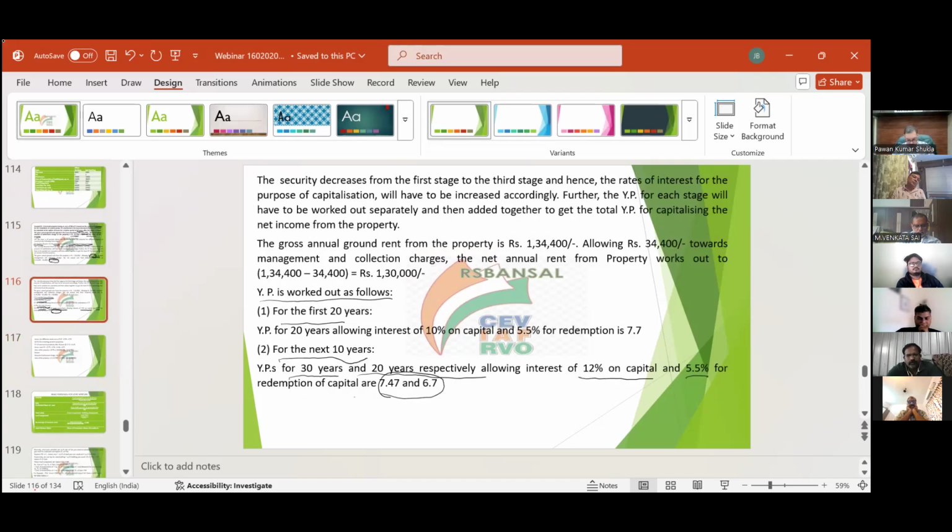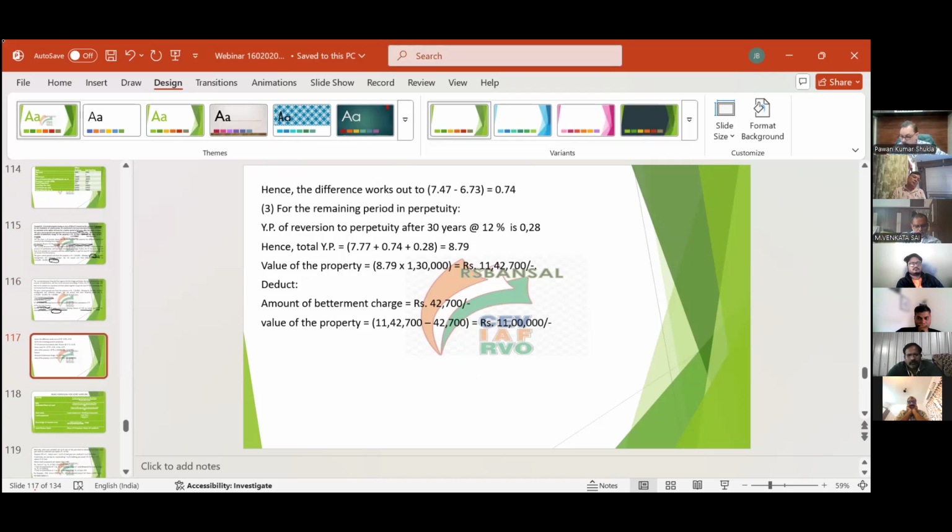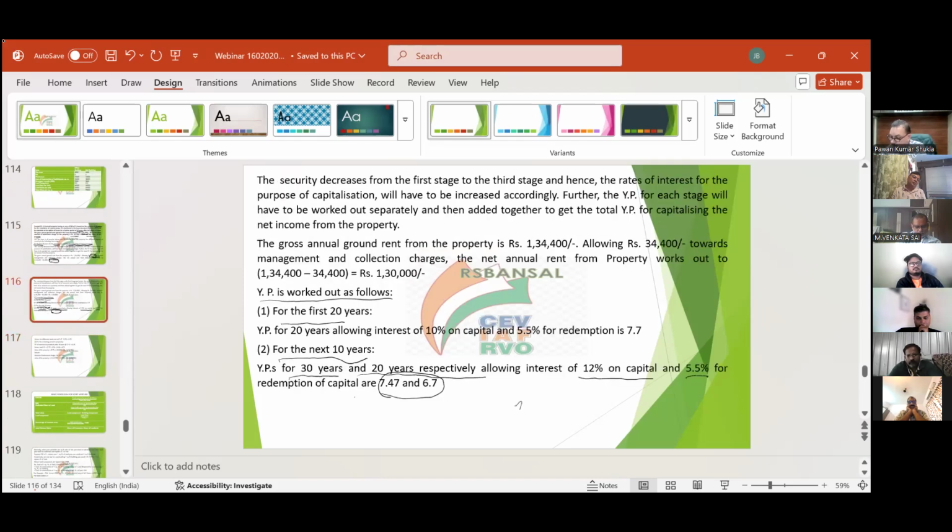So for the first 20 years, you will be applying YP 7.427. For the next years, what will be the value of YP?